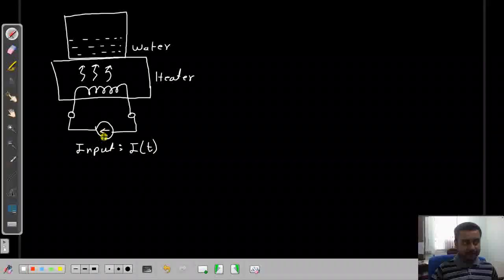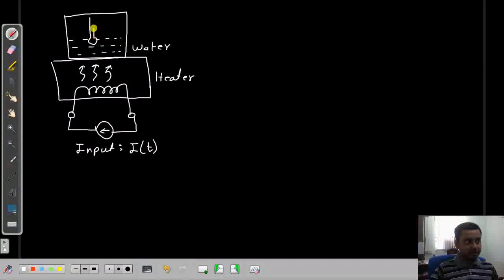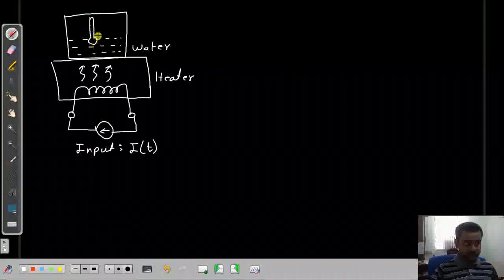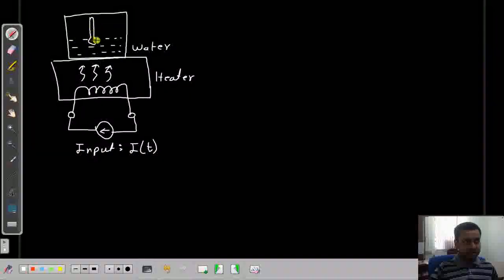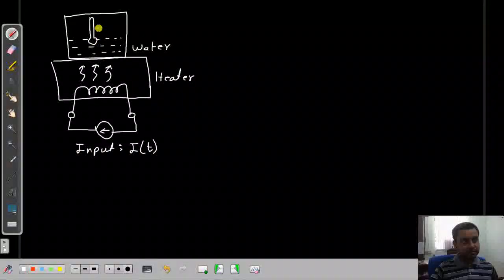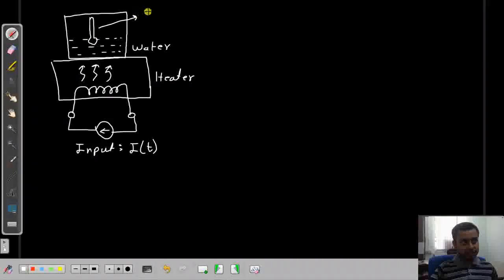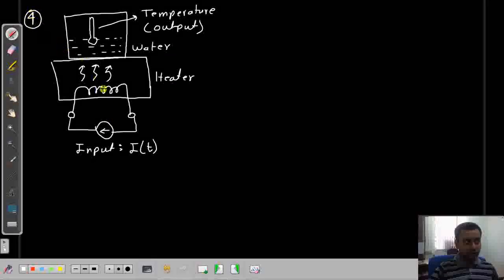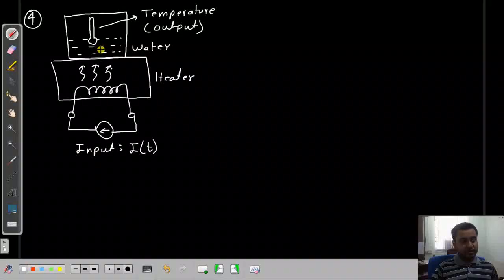This is the current which is the input, and let me put a thermometer inside this container, and the reading of this thermometer, that is the temperature, can be considered as the output from this system. So this is an example of a simple thermal system.